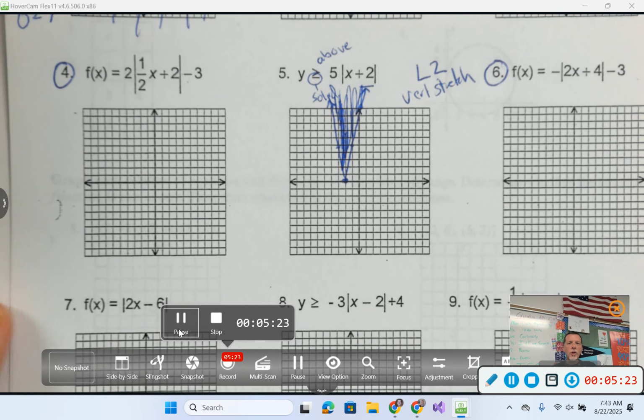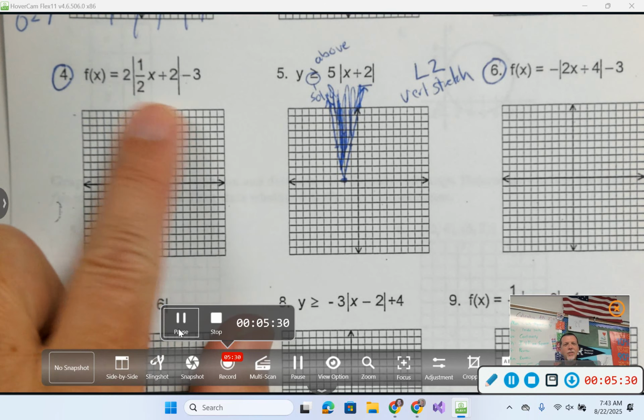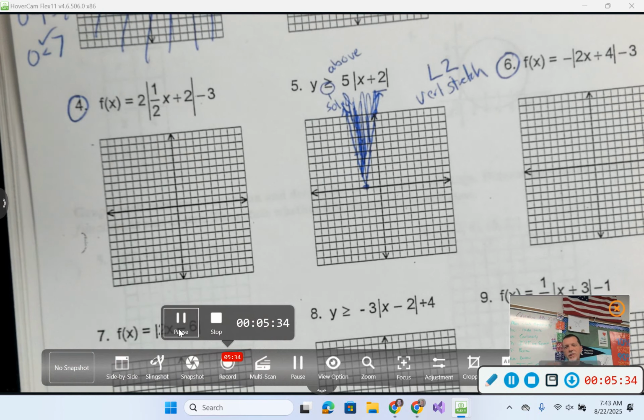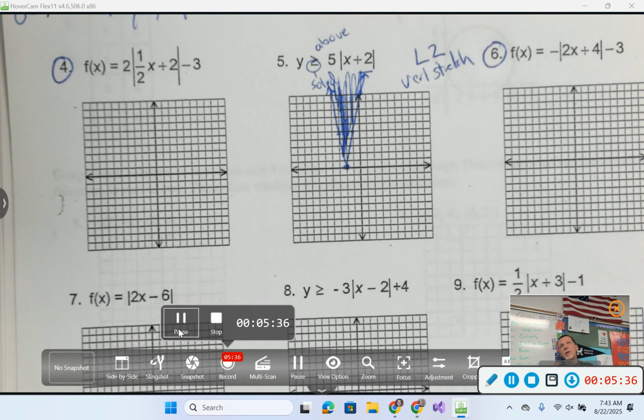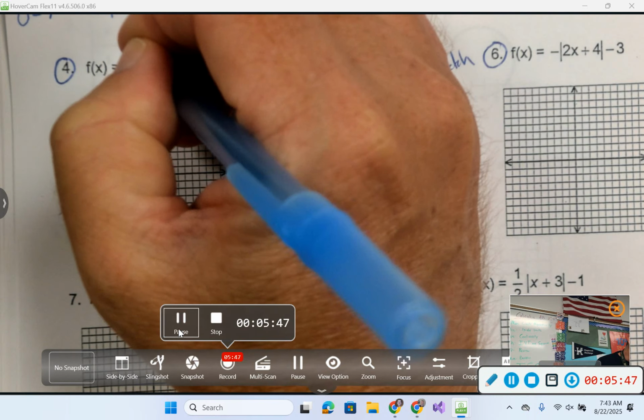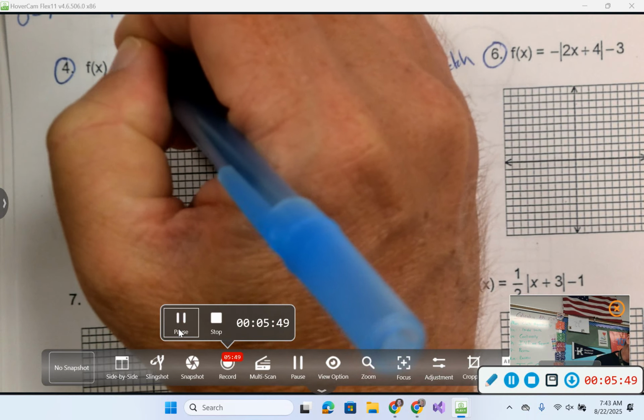Let's look at 4. So what's weird about 4? Yeah, the 2 and the 1/2. Like, what the heck? Because the 2 seems like it would be a vertical stretch, but the half would be this way, but it's backwards. So it's just x. You can distribute a number into or out of an absolute value, if you need to.